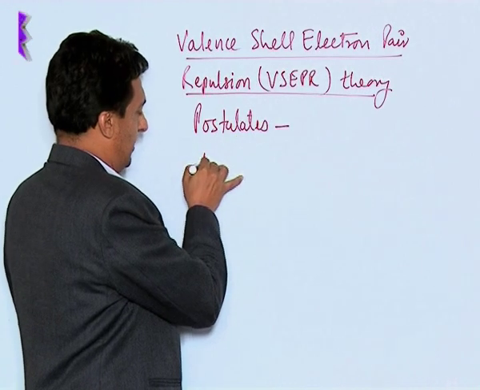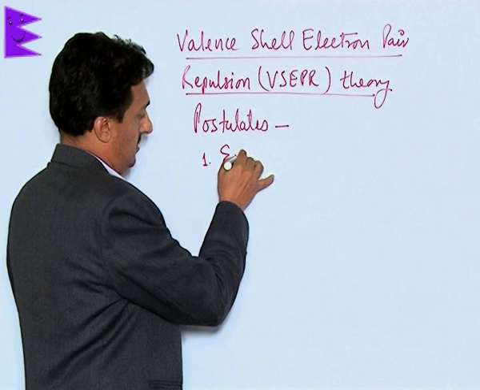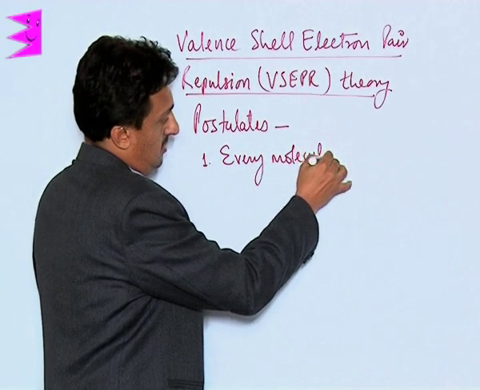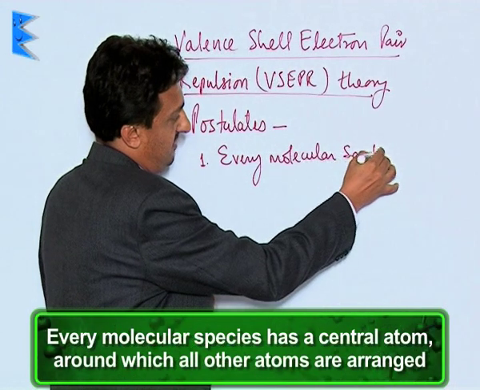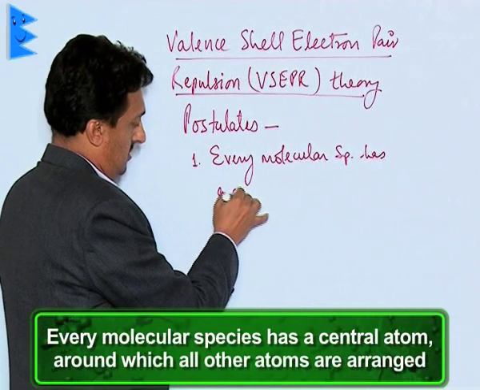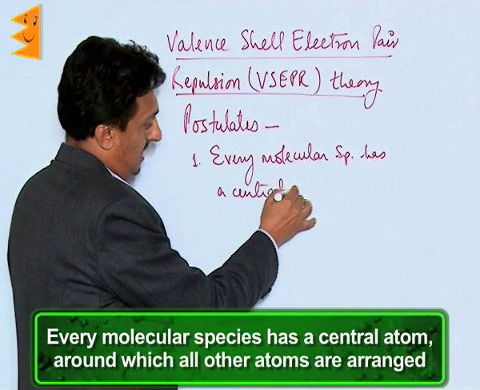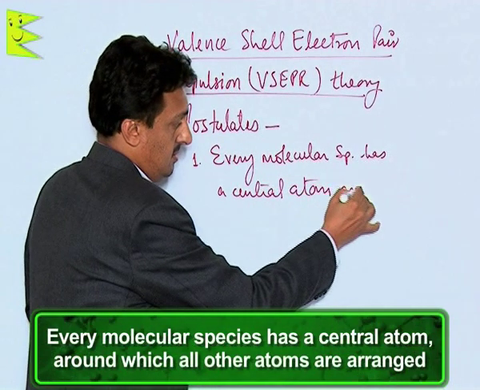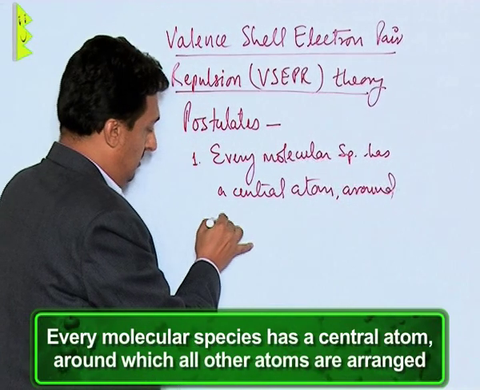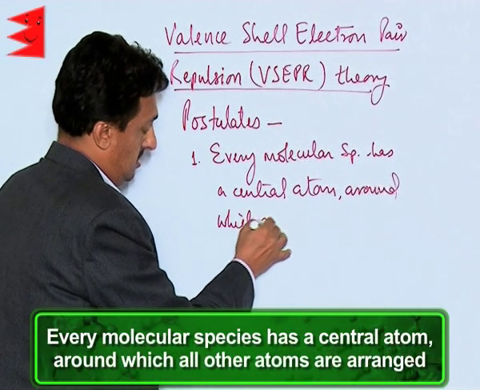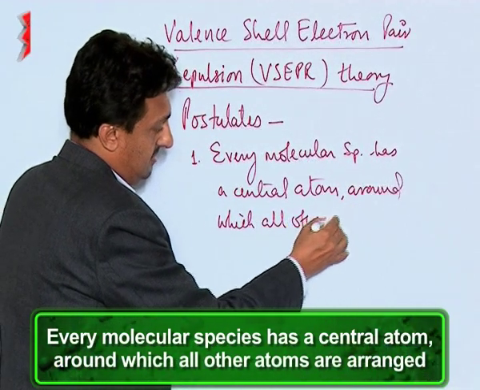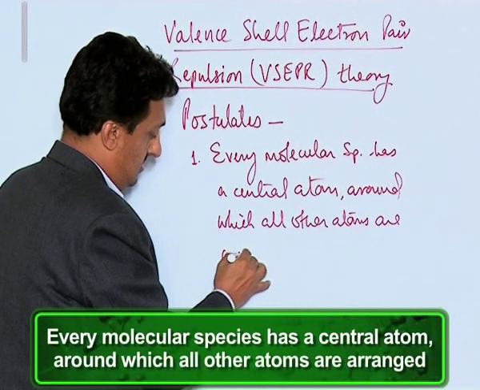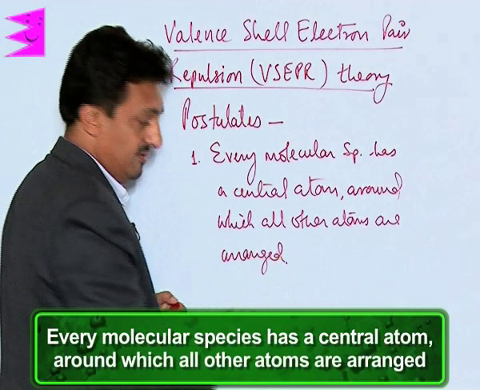Now, according to this theory, every molecular species has a central atom around which all other atoms are arranged.